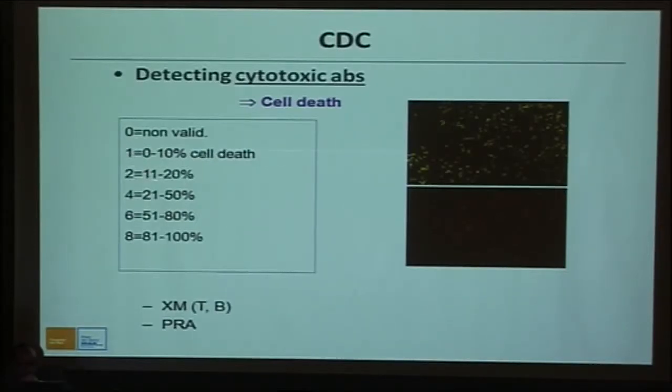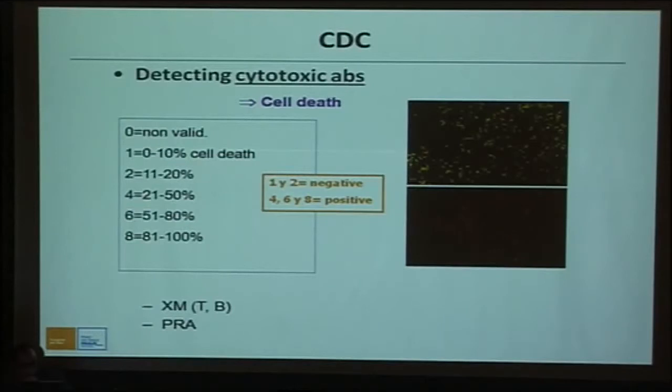If you are between 11 and 20, you have 2 points, etc. If almost all cells are dead, the CDC crossmatch is by no means negative, of course, it is positive, so you will not do this transplantation. And if you have almost no cell death, below 10%, you are sure that this CDC crossmatch is negative. But what about in the middle, the gray zone?